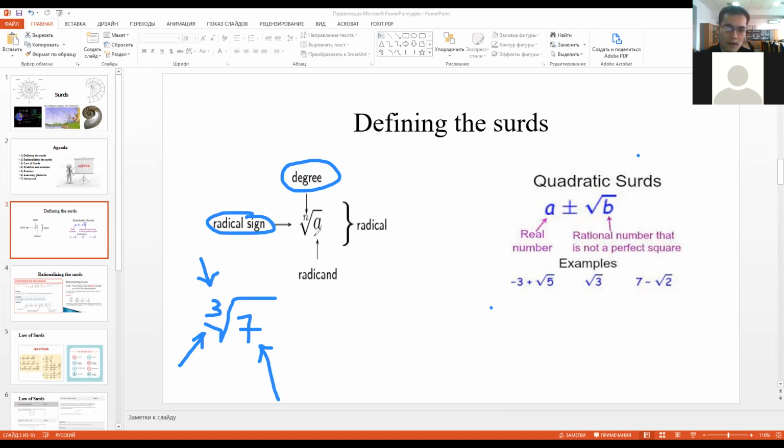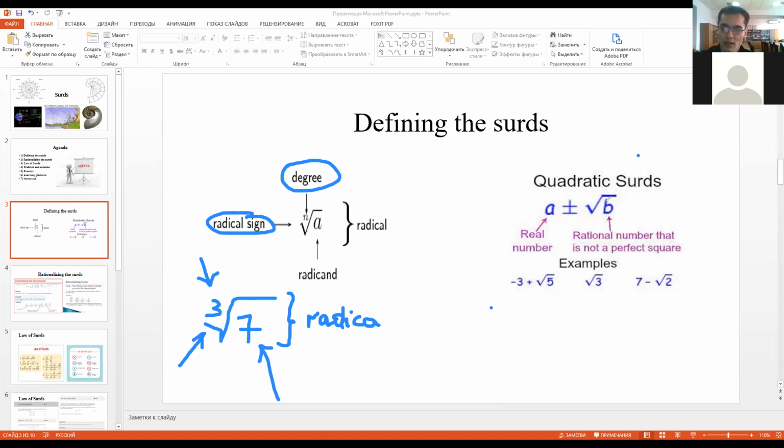The whole thing is also called a radical. As you can see here. And let's look at the right side. Quadratic surds. As you can see here, the first one is a real number, and the second one is a number that is not a perfect square.